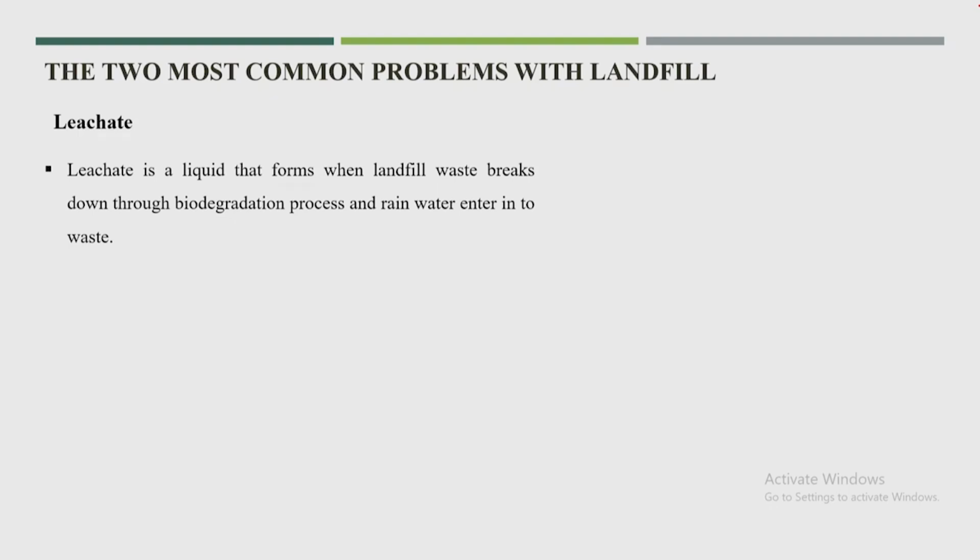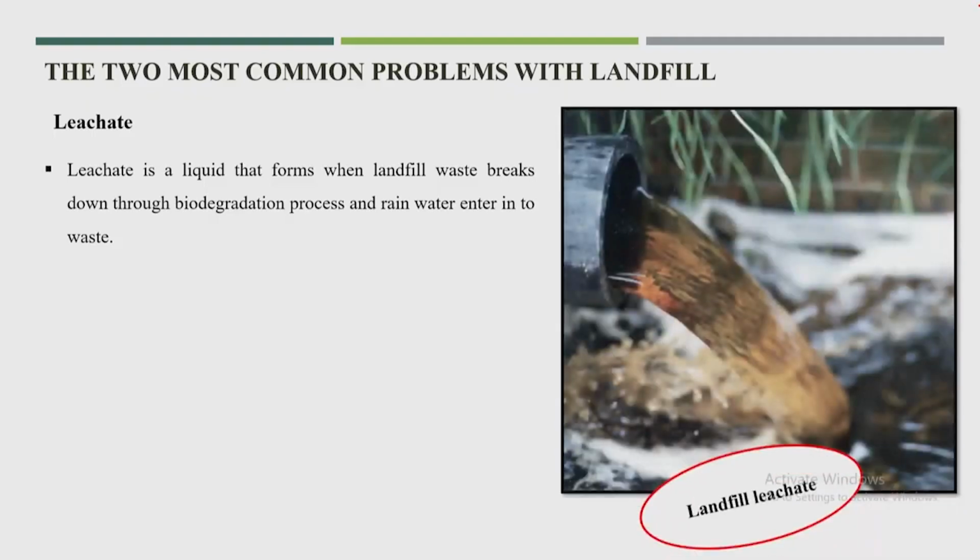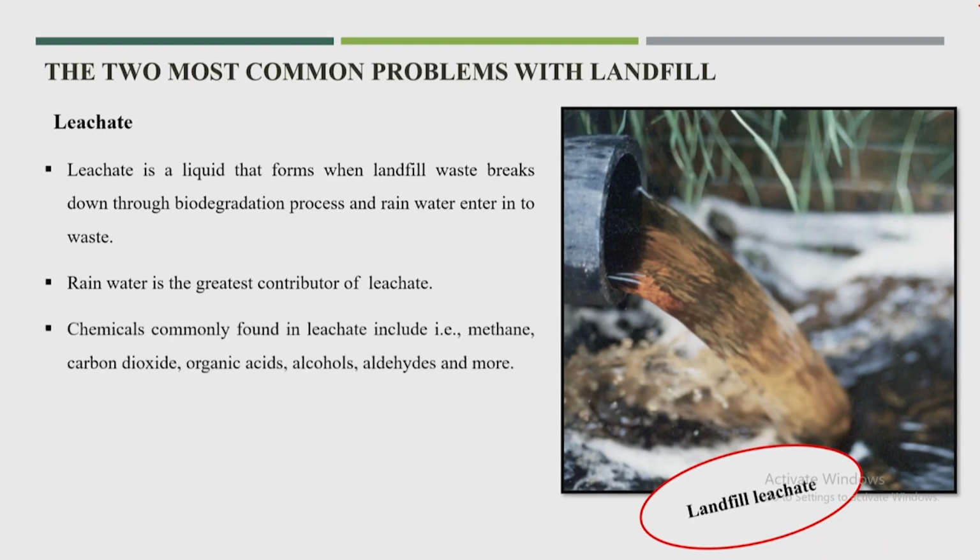Because the landfill is open to the atmosphere, a huge amount of rainwater enters the landfill area and breaks down the entire material. It collects all the contaminants, which go to the groundwater and pollute it. This is the landfill leachate. Rainwater is the greatest contributor of leachate.